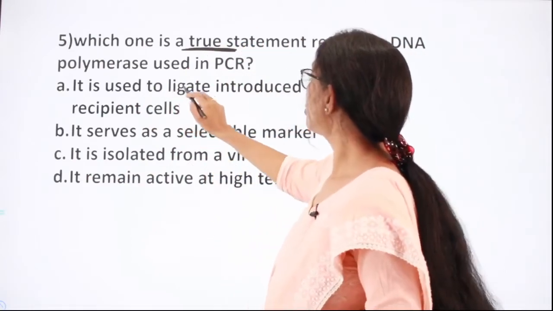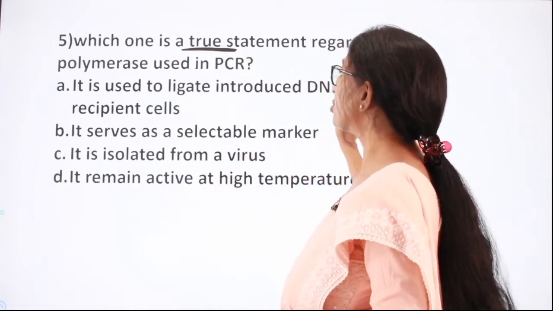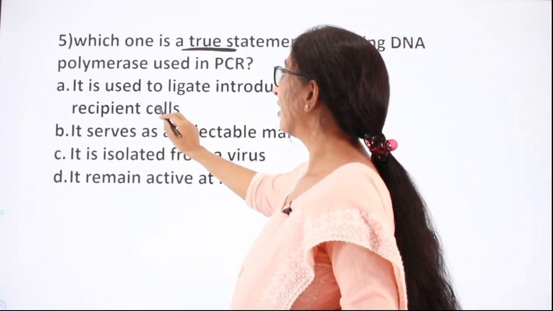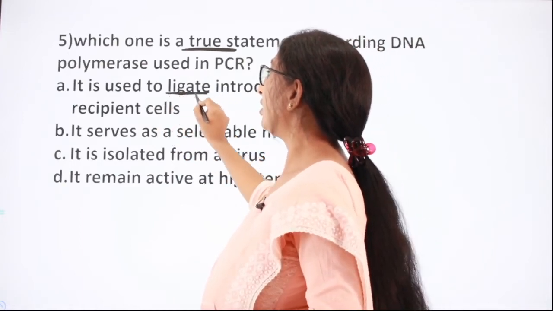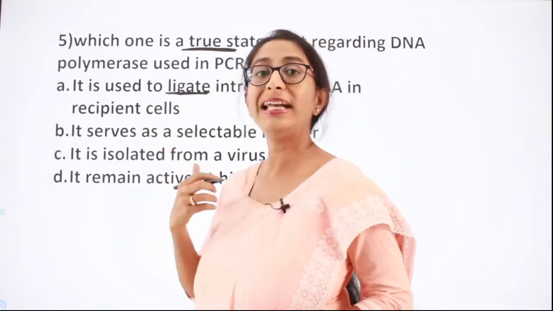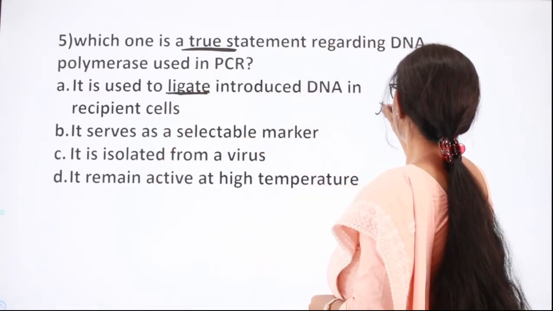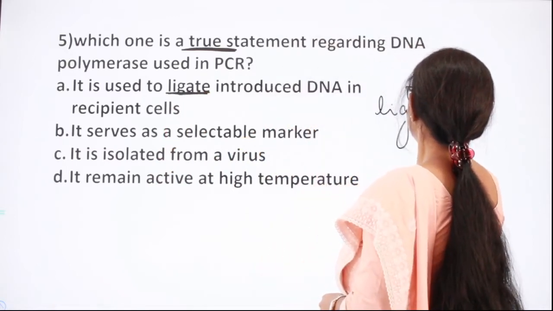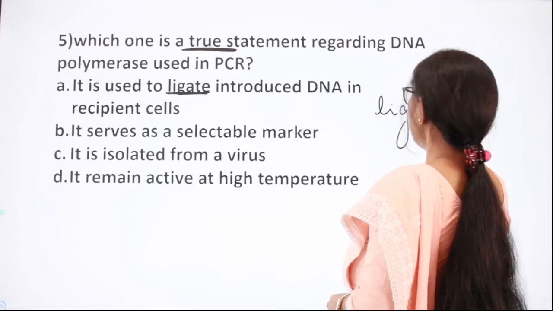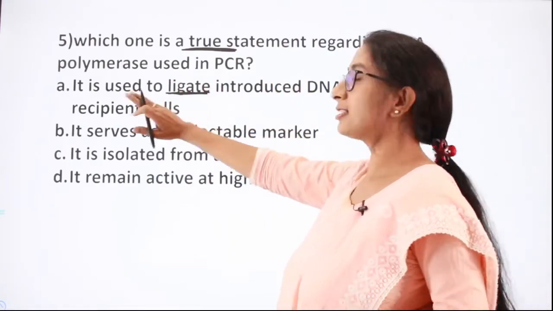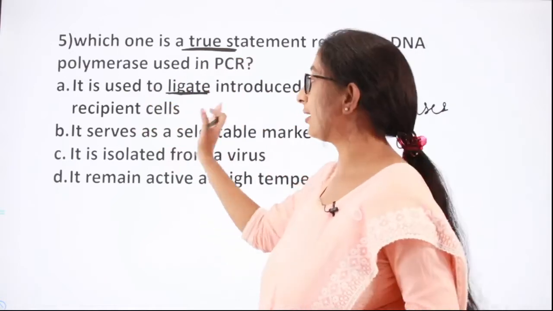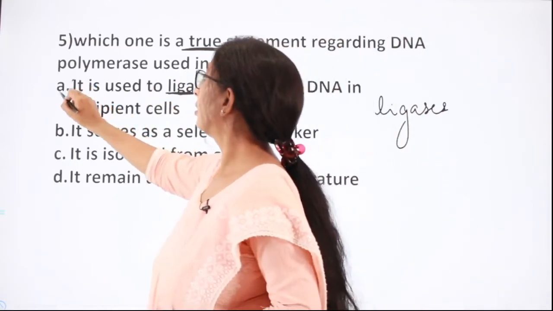So it is used to ligate the introduced DNA in the recipient cells? No. Ligation is carried out by other enzymes called ligases. So the process of ligation is carried out by enzymes called ligases. So DNA polymerase is not carrying out any ligation. So that is not the right answer.